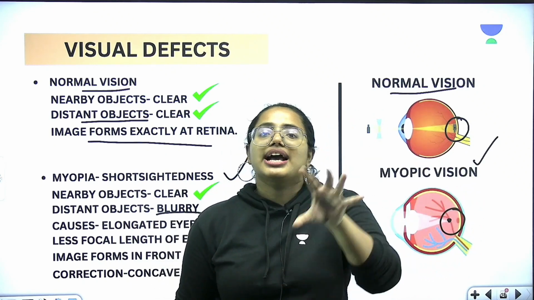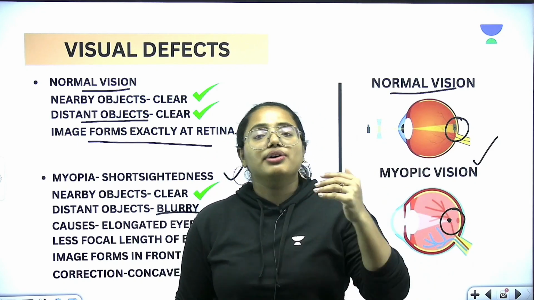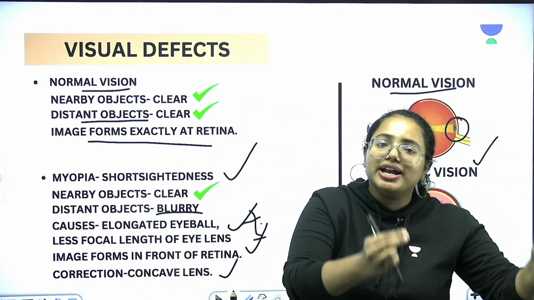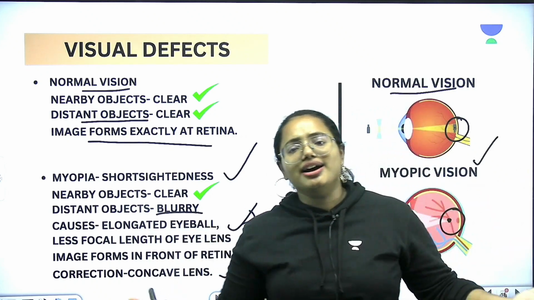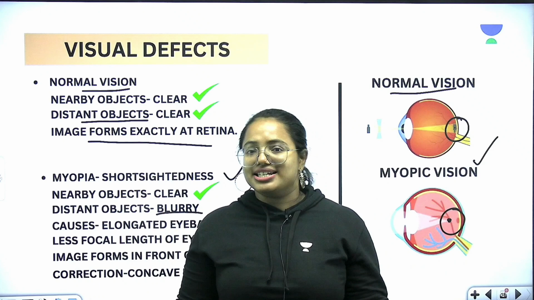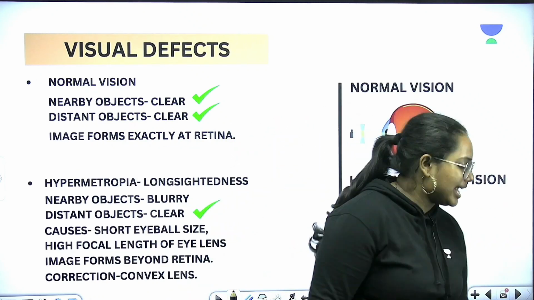If the person has myopia, image will be formed in front of retina. But if you use a concave lens, the image is formed exactly at retina so that the person's eye problem can be corrected. Got the point? And now we are moving towards the next defect.